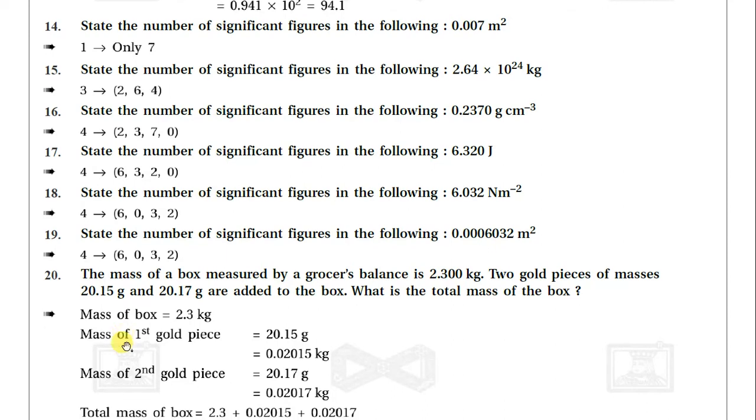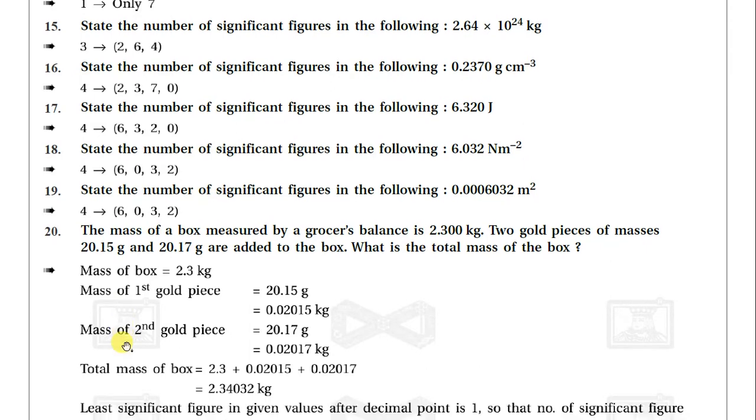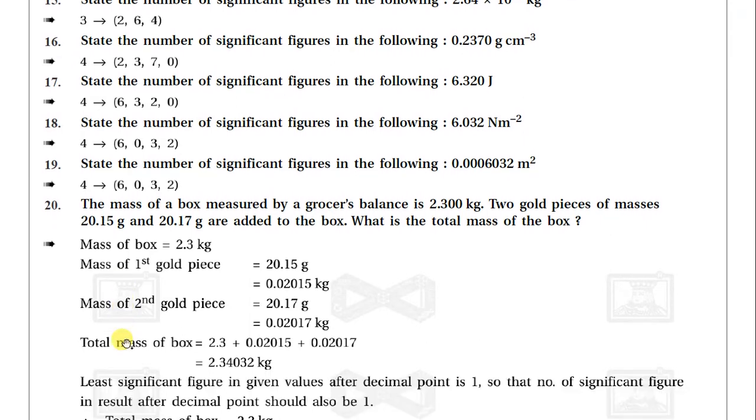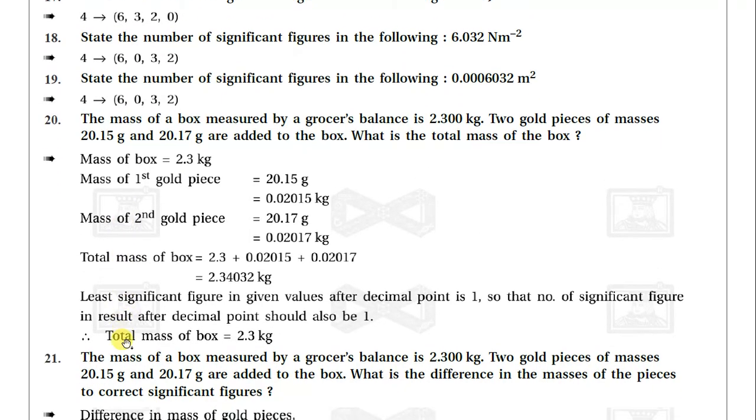Okay, the mass of the box measured by a grocer's balance is 3.200 kg. Two gold pieces of mass 20.15 gram and 20.17 gram are added to the box. What is the total mass of the box? So the first gold piece is 20.15 grams, which is 0.02015 kilogram.